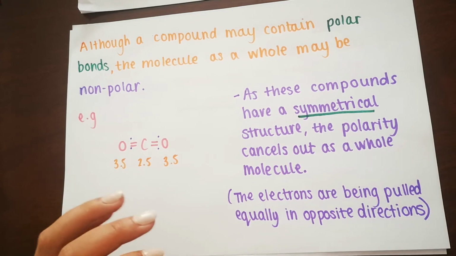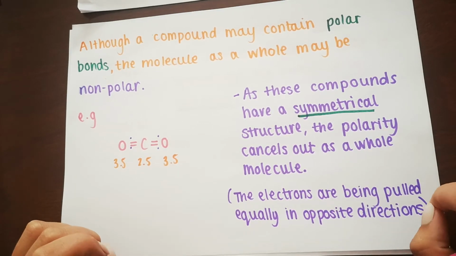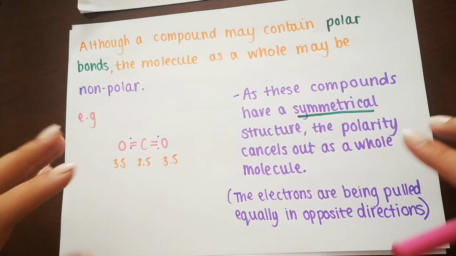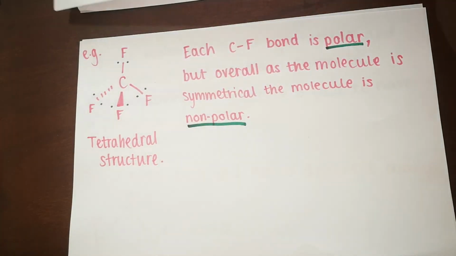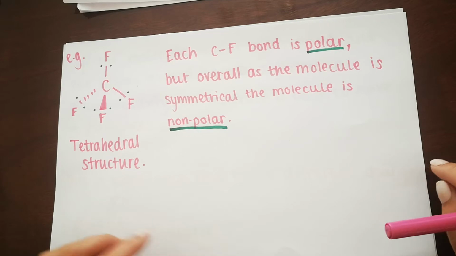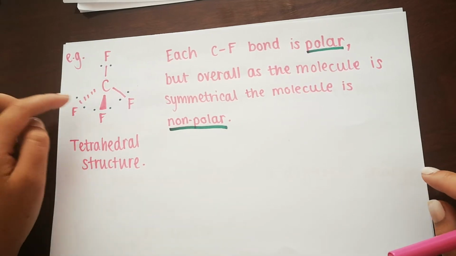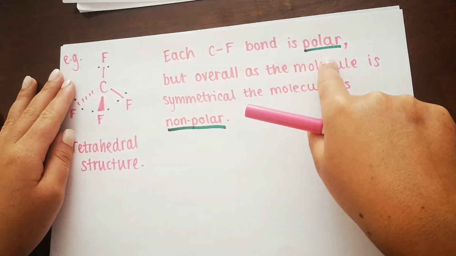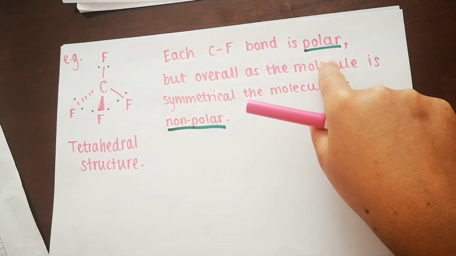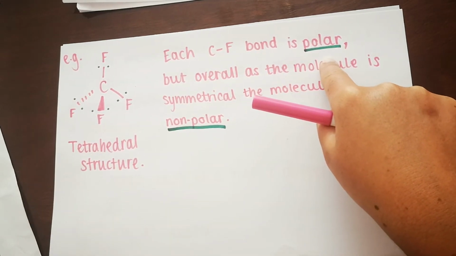It must have all the same types of bonds in it, and they all must be in a symmetrical formation. Another example of this is a tetrahedral structure, for example your CF4. Each carbon to fluorine bond is polar because your carbon is 2.5 and your fluorine is 4.0.